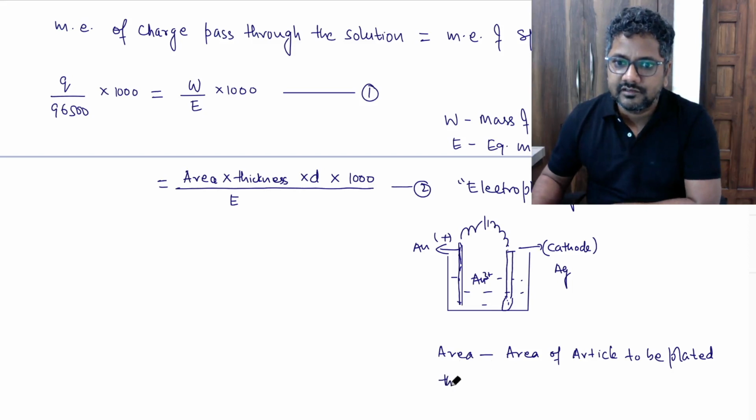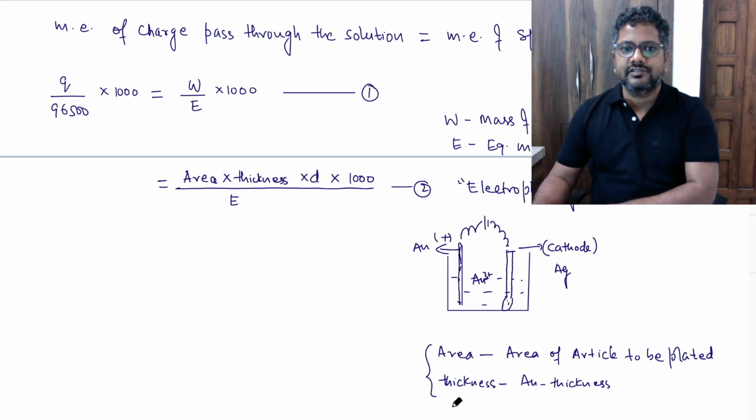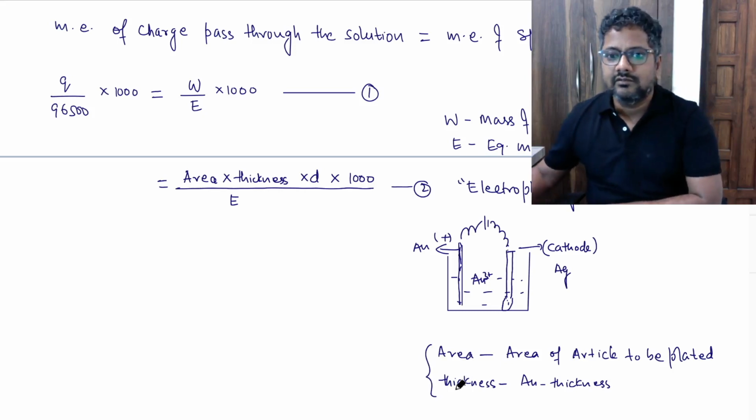Thickness is the gold metal thickness. So area into thickness, this gives you what?